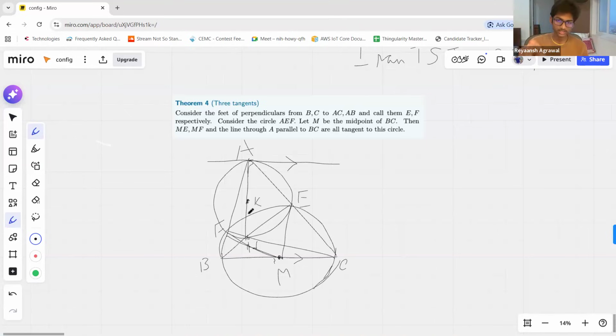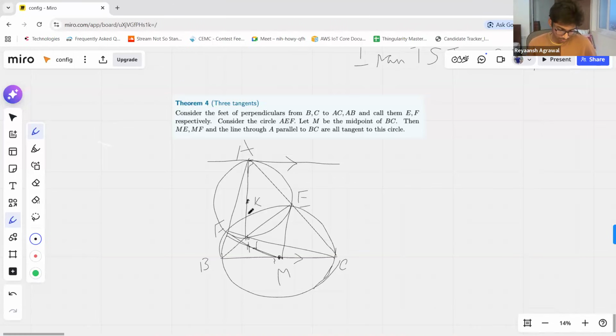Now, how do we show that these are tangent to the circle? Note that it is sufficient to show that one of these is tangent because the others are equal.